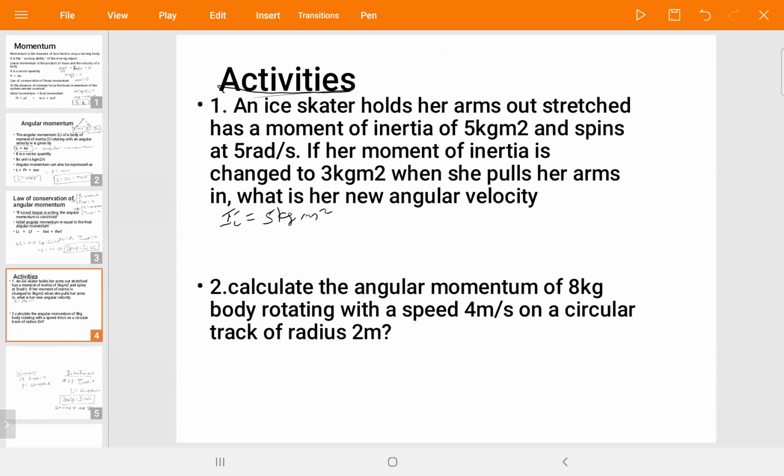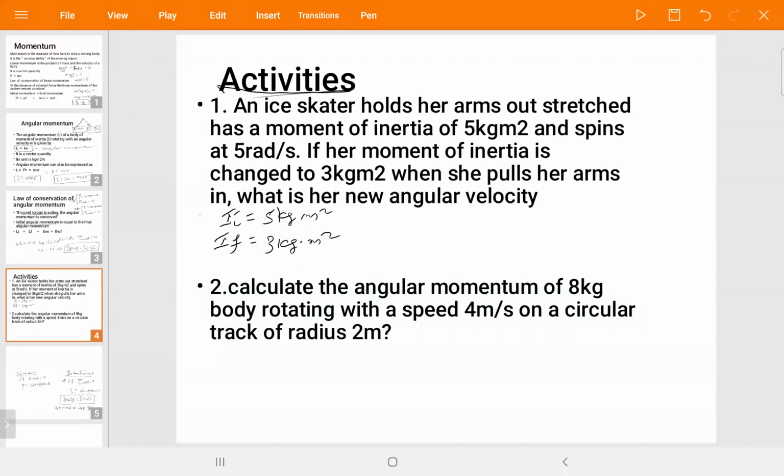But when she pulls her arms in, or when her arms are close to her body, the moment of inertia decreases, since the mass distribution is compact, and it becomes 3 kilogram meter square.